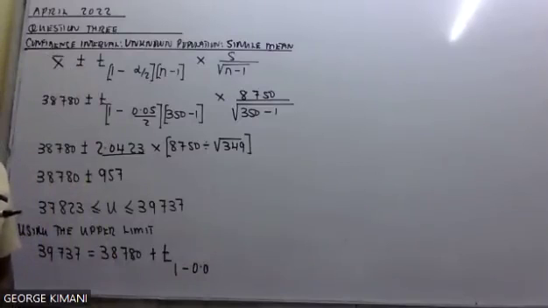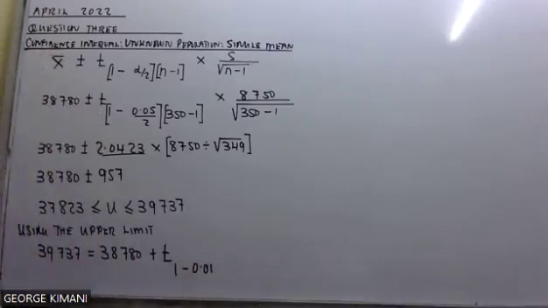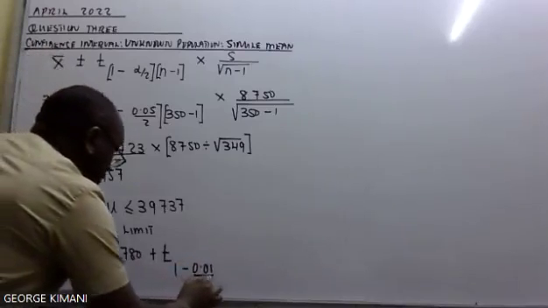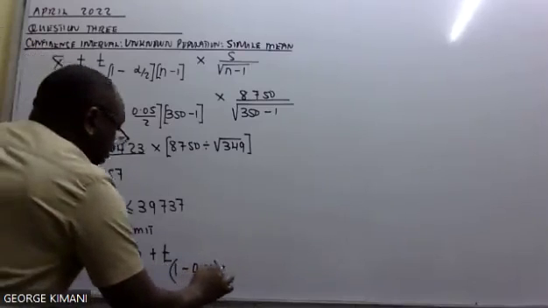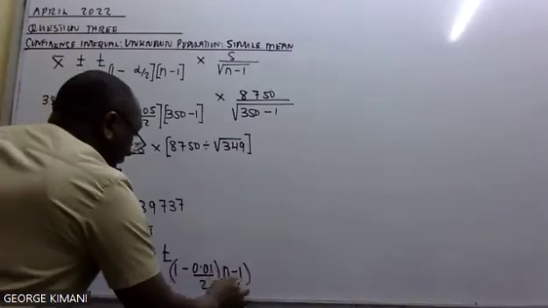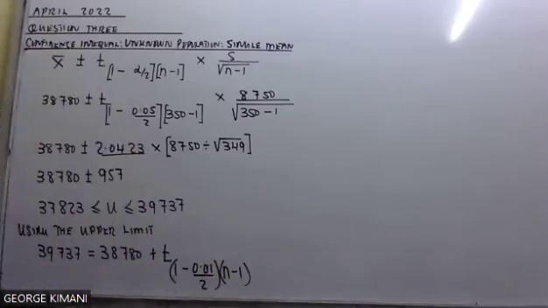We are using 99%. So it is 0.01. We divide it by 2. Then we say n, which we do not know, minus 1. n is the one that we are told to look for, minus 1.